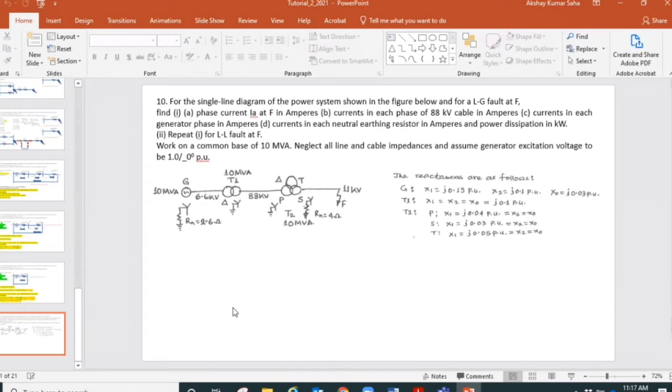The last thing that I am coming to is the vector grouping. When we have star connection and delta connection in two winding transformers, the voltages are not only transformed, like we use transformers, as we know, for stepping up or stepping down the voltage from one side to the other. It not only does the stepping up or stepping down, it also in the process shifts the voltages by a certain angle, either plus 30 degrees or minus 30 degrees.